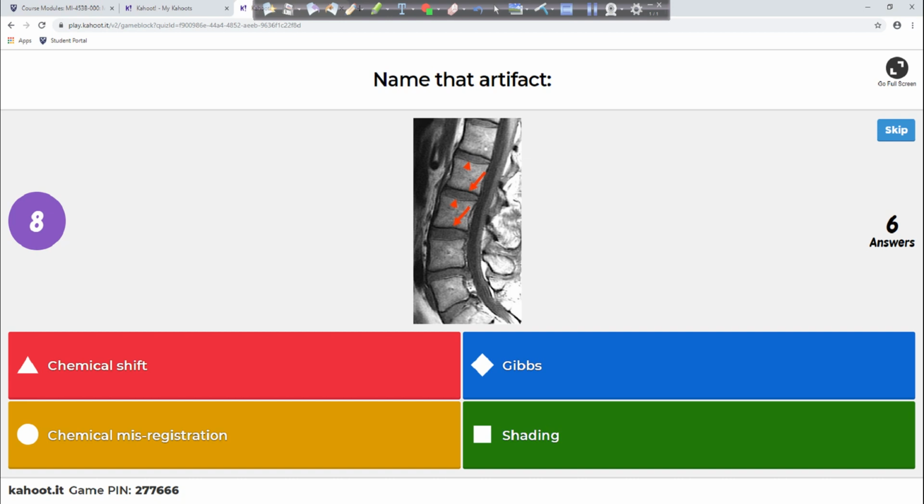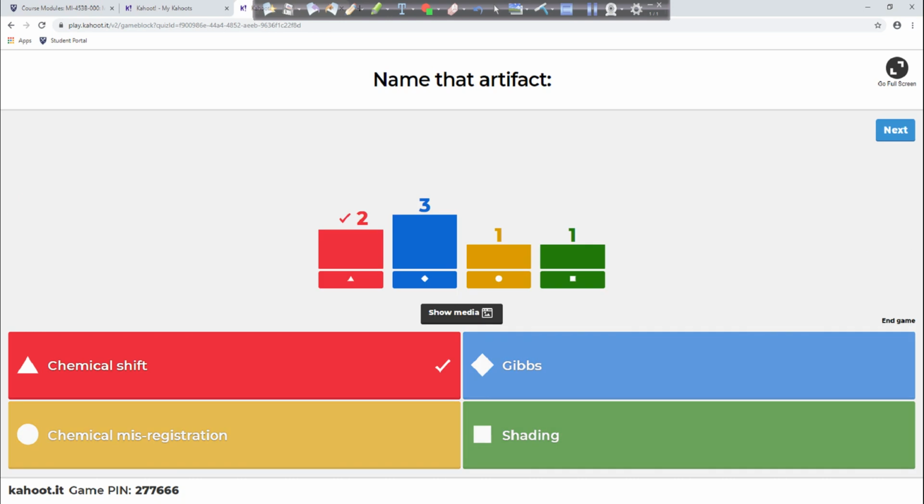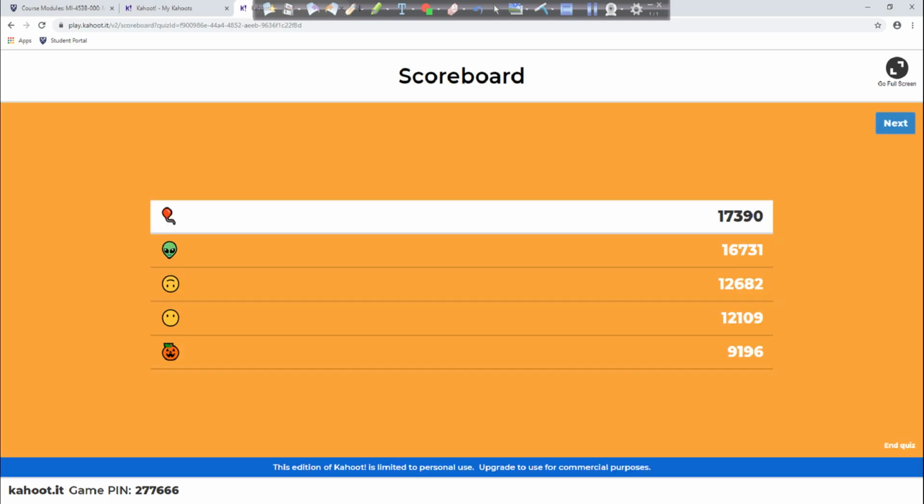There was a dark band at the bottom of the vertebral body, and then a light band at the top of the vertebral body. And that was in the frequency direction. Frequency direction was going head to foot.